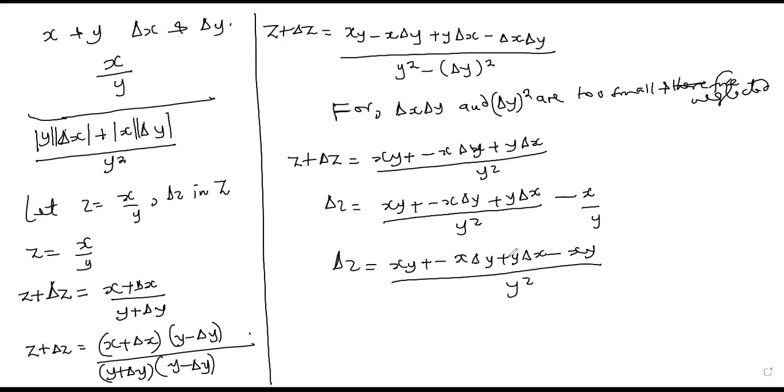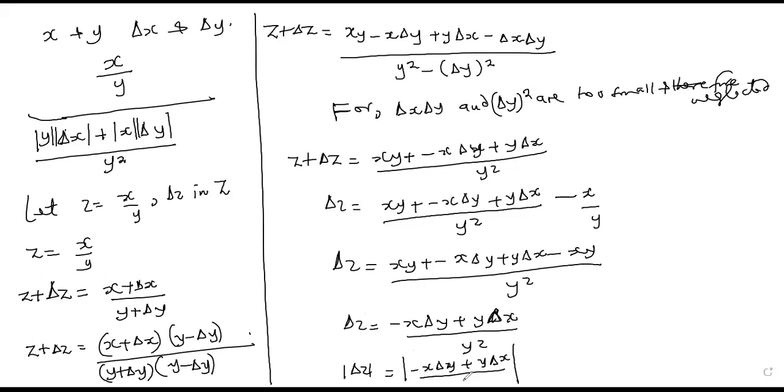XY will cancel with the negative XY, so we shall have our delta Z equal to negative X delta Y plus Y delta X out of Y squared. Now, when we take the magnitude of both sides, we shall have that delta Z is equal to the magnitude of negative X delta Y plus Y delta X out of Y squared.